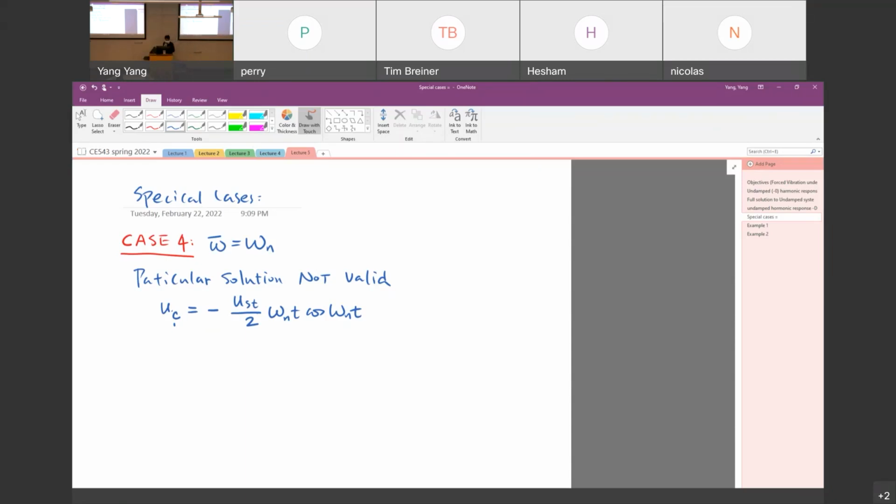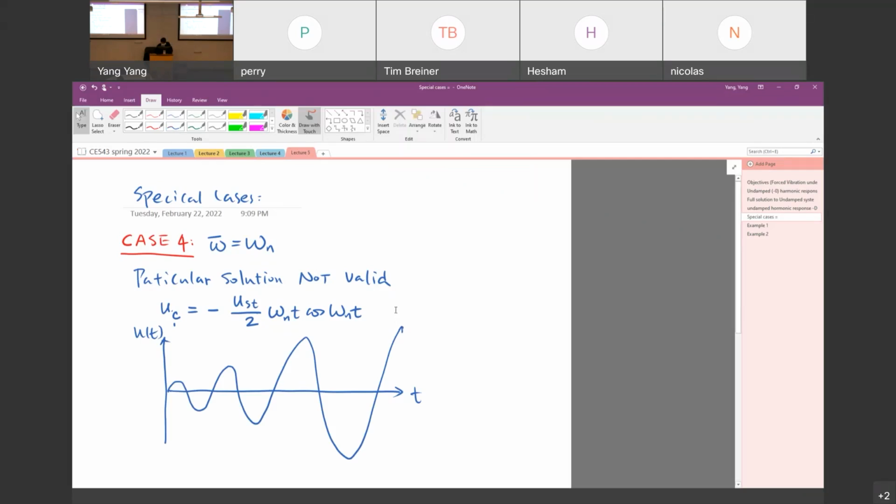So if you show the displacement, it will be larger as time goes.